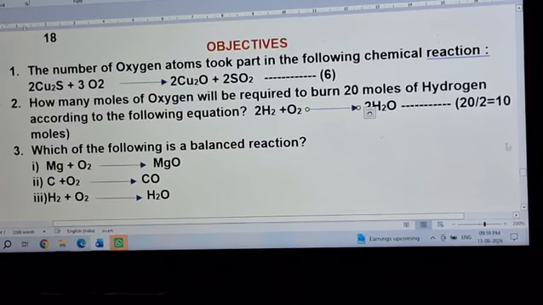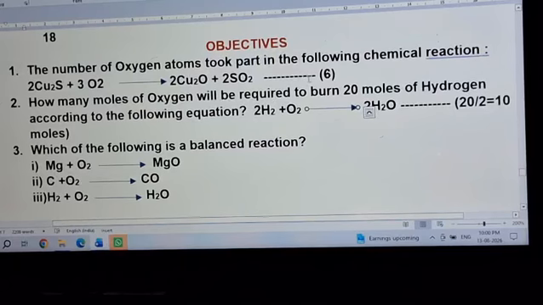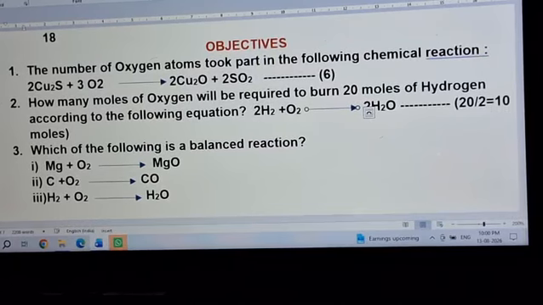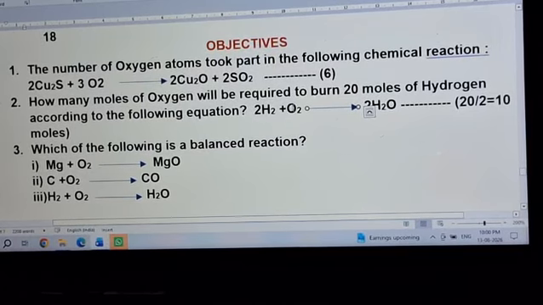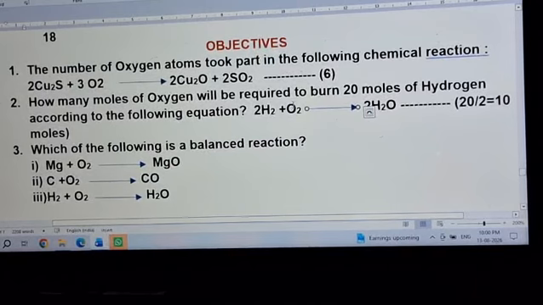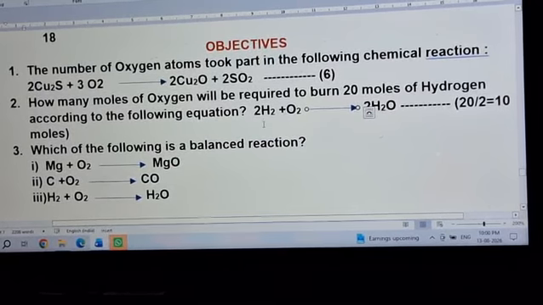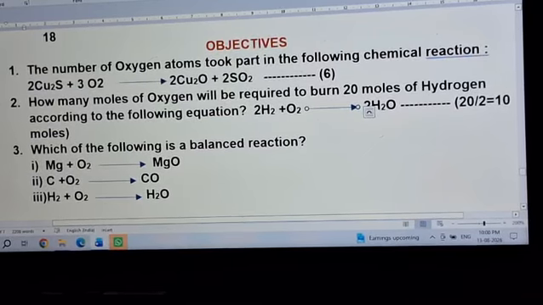To burn 2 moles, 1 mole is required. To burn 20 moles, how many moles are required? 20 into 1 by 2, 20 by 2, that is 10 moles.